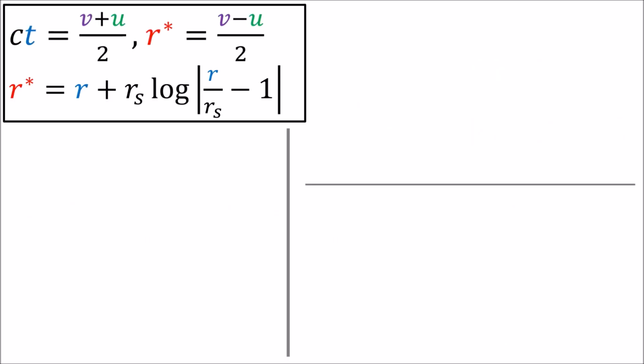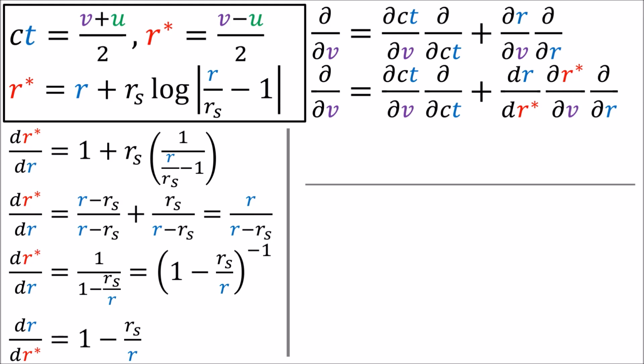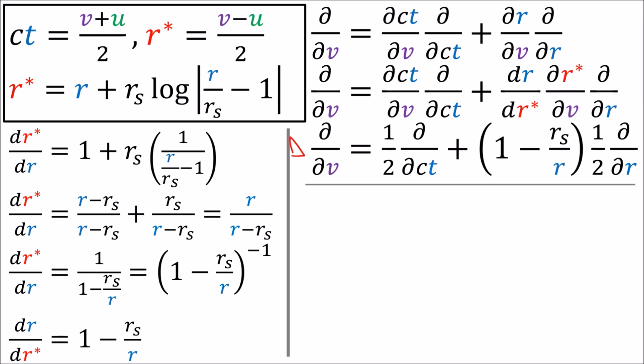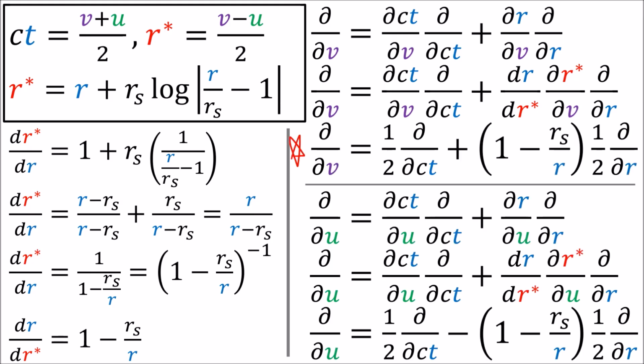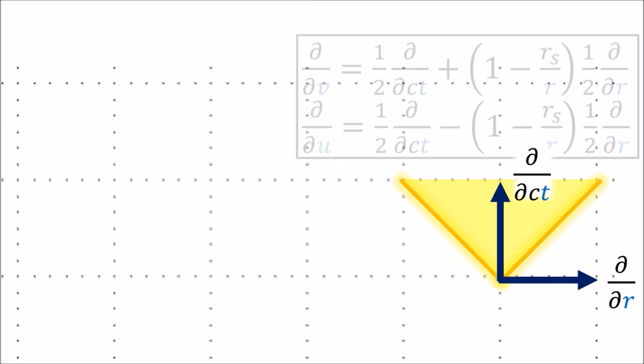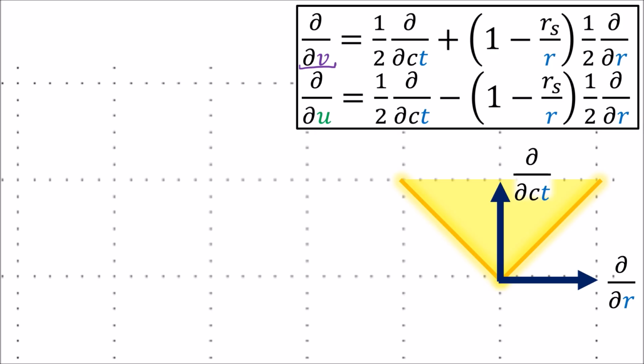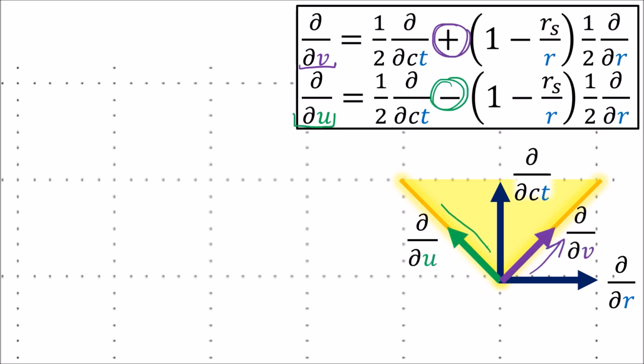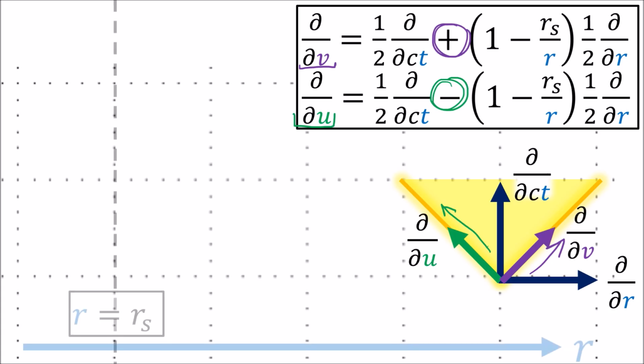You can pause the video if you want to look at the calculations, but we can use the standard procedure for expanding the new basis vectors by using multivariable chain rule. Looking at these basis vectors, we see that v points up and to the right, and u points up and to the left. But there's a problem here.